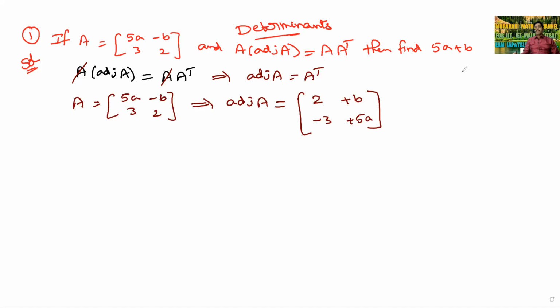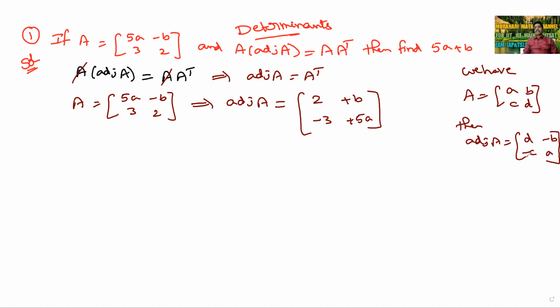So we have one formula. If A is equal to the matrix A, B, C, D, then adjoint of A is equal to D, minus B, minus C, A. We interchange the principal diagonal elements, and multiply the other diagonal by minus 1.